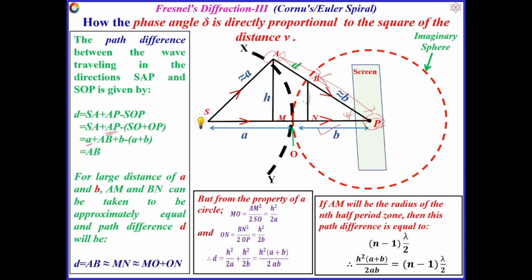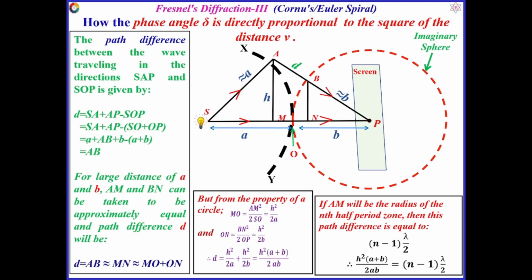As B comes down, this distance, that means OP, will be approximately the value b. Then AB is there. AB plus BP will be approximately AB plus b, minus SO and OP, where SO is your a and OP is your b. I just substituted that here.